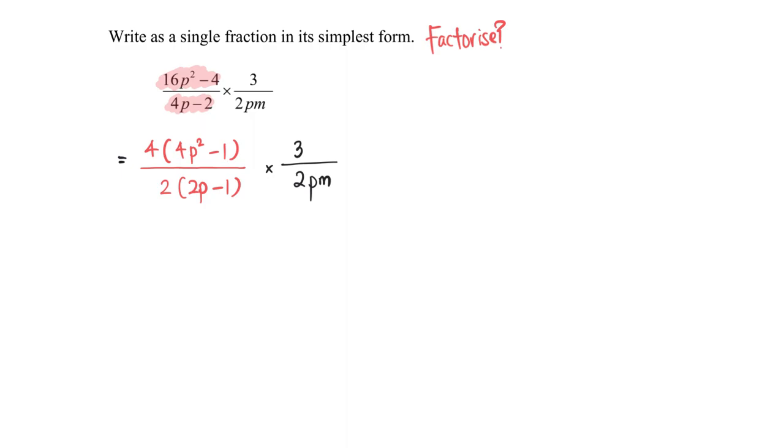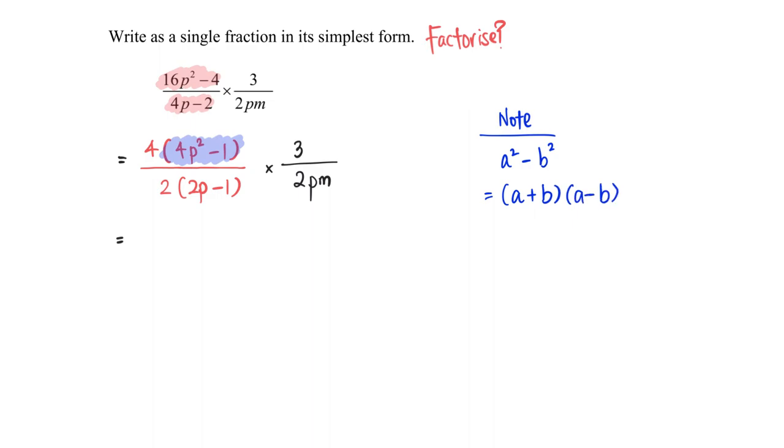And if you could factorize, you continue to factorize, and I realized I could, because I remember that a squared minus b squared equals a plus b, a minus b.